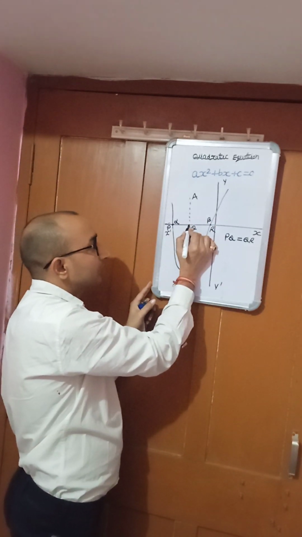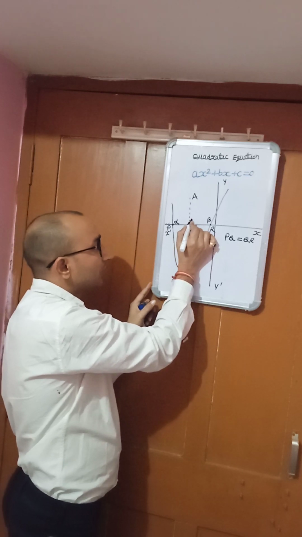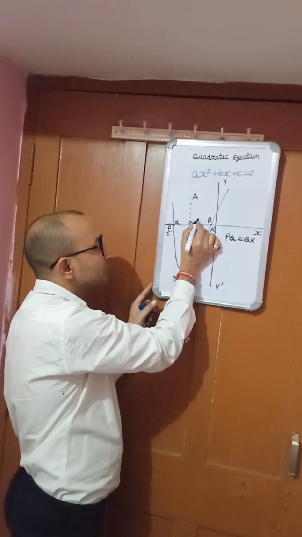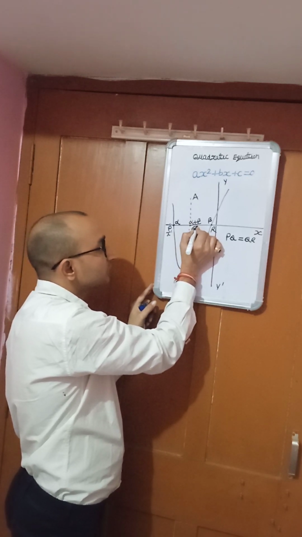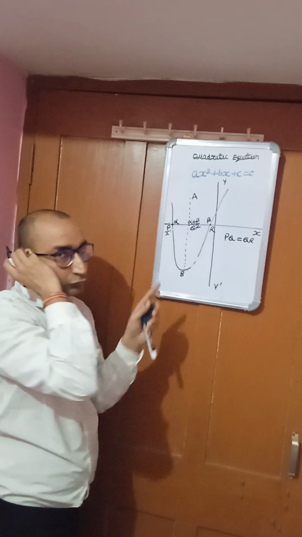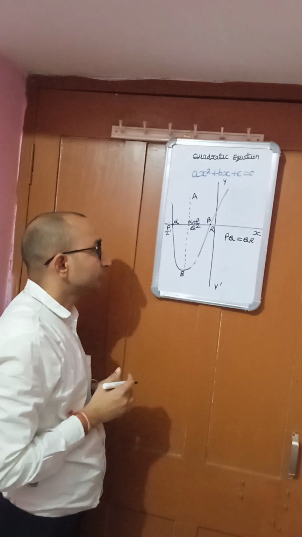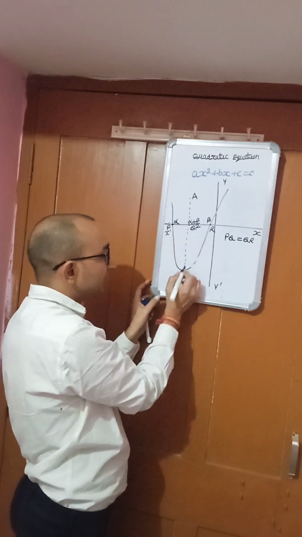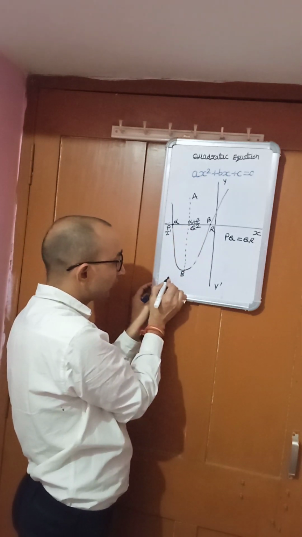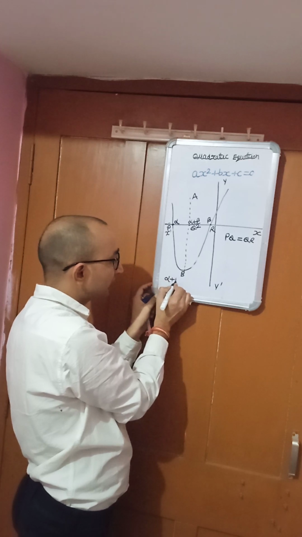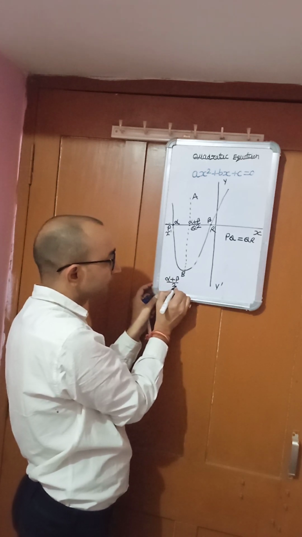Then through the midpoint formula we can write alpha plus beta by 2. So this is x here, so we can write the x coordinate as alpha plus beta by 2.